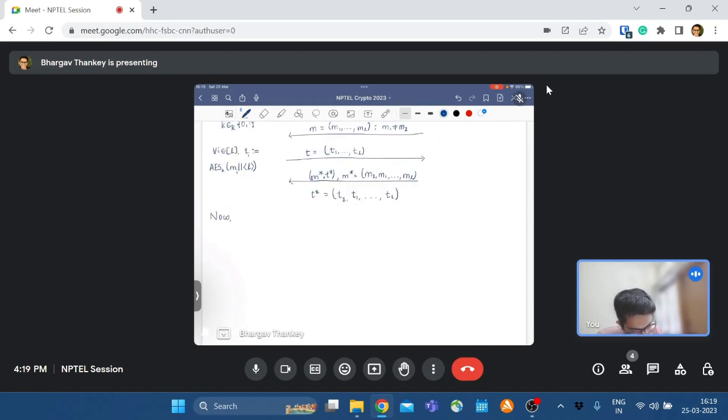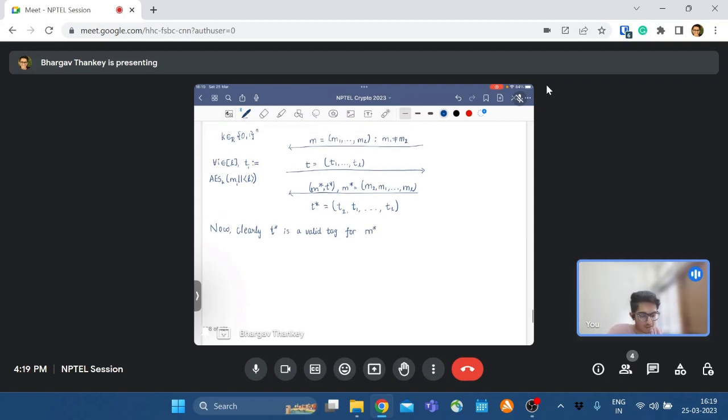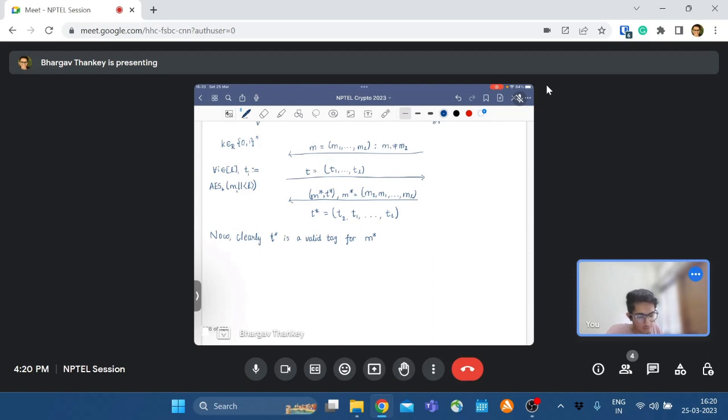Just like in the first question, t star is a valid tag for m star because, okay, what is ti? Ti is just AES-K of mi concatenated with L, right?